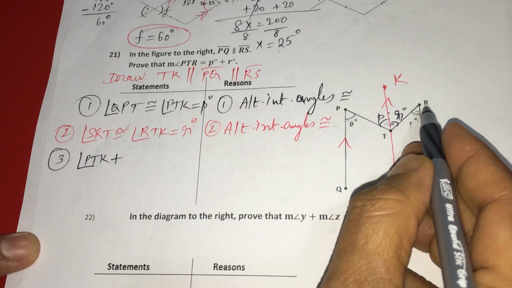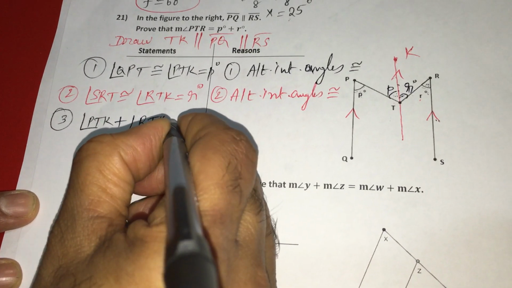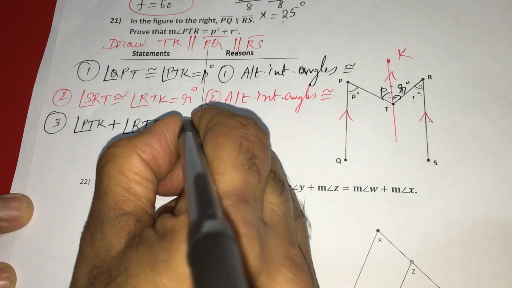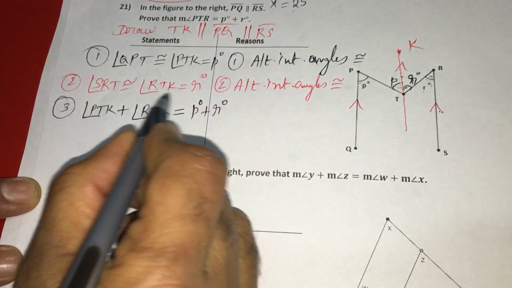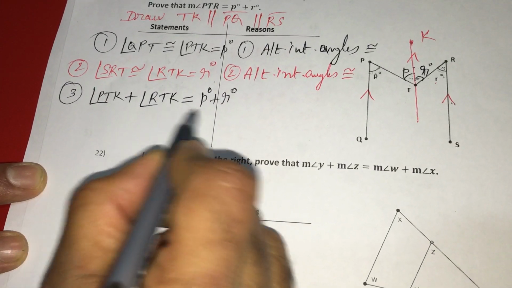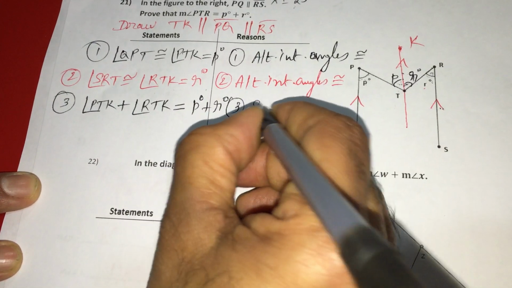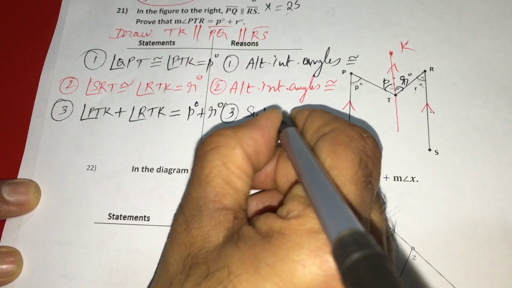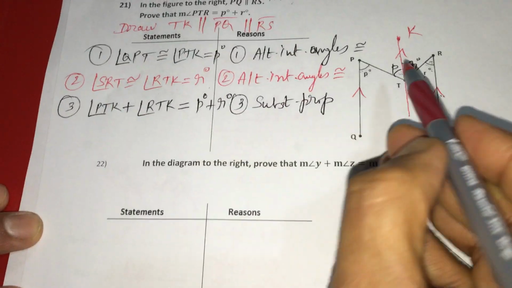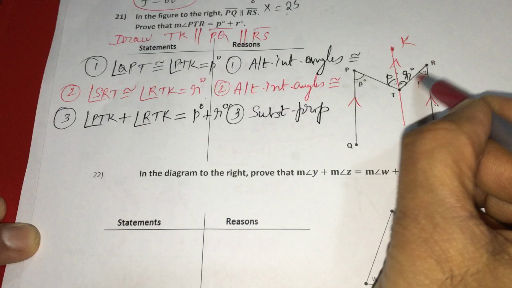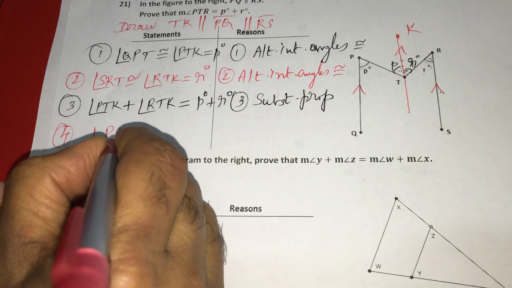Now the third point, angle PTK plus angle RTK is equal to P plus R degrees, because angle PTK is P, angle RTK is R. That's why when we add, we get P plus R. The reason is substitution property. And again, this PTK plus RTK I am replacing with angle PTR.